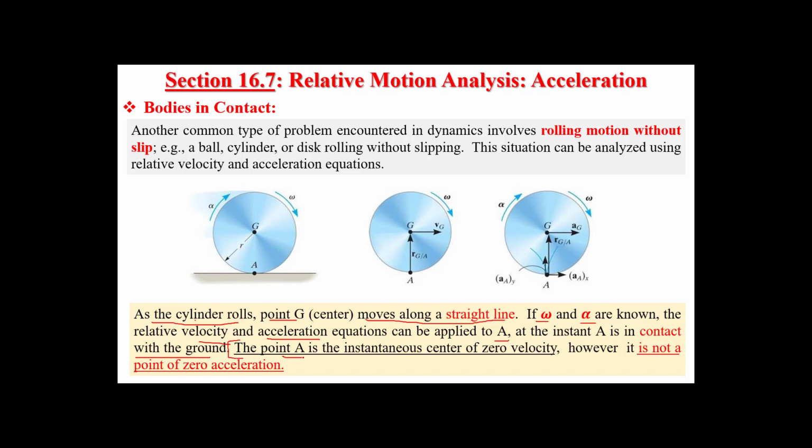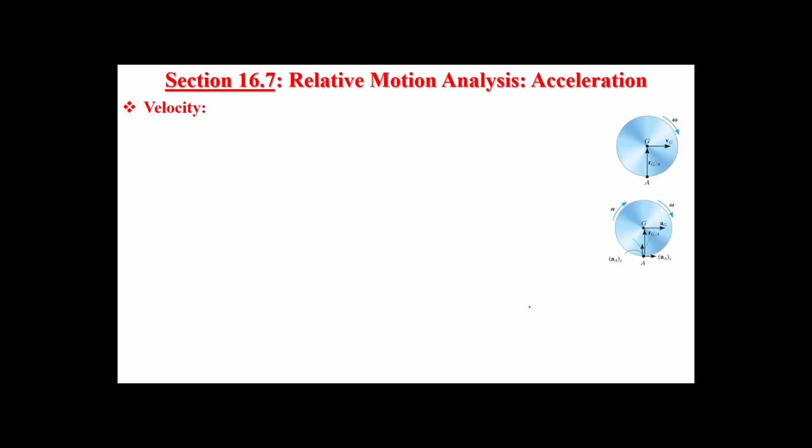Point A is the instantaneous center of zero velocity, so point A has zero velocity. However, it is not a point of zero acceleration. There is a value for the acceleration, which is the vertical one. Imagine this point before hitting and immediately after leaving: there is acceleration, but there is no velocity. Here we don't have horizontal acceleration because of the no-slip condition.